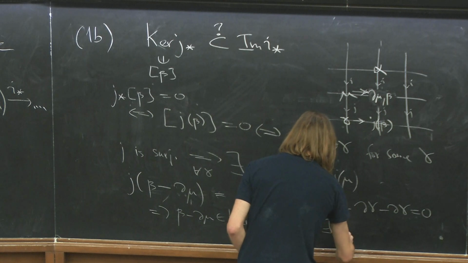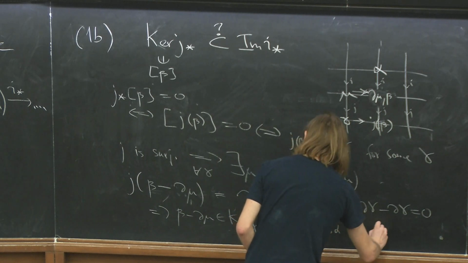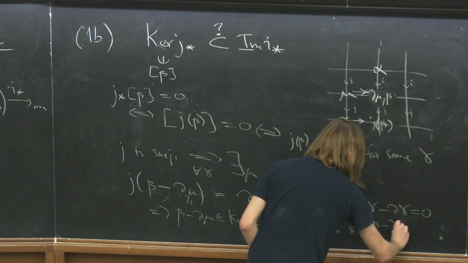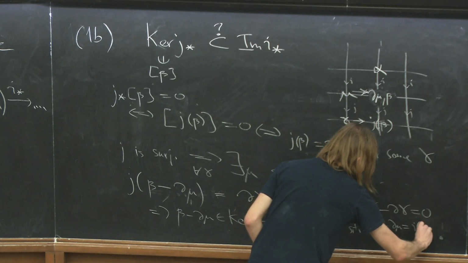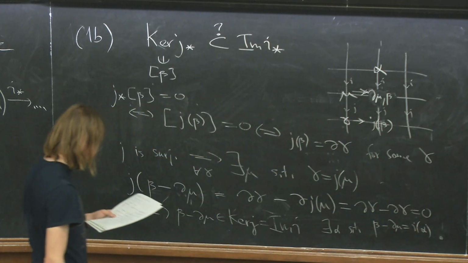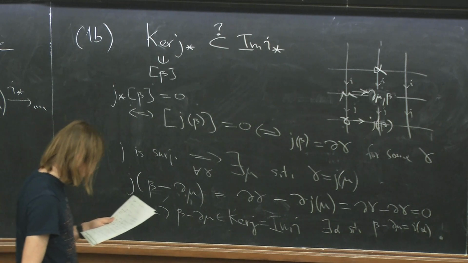There exists alpha such that beta minus d mu equals I of alpha.